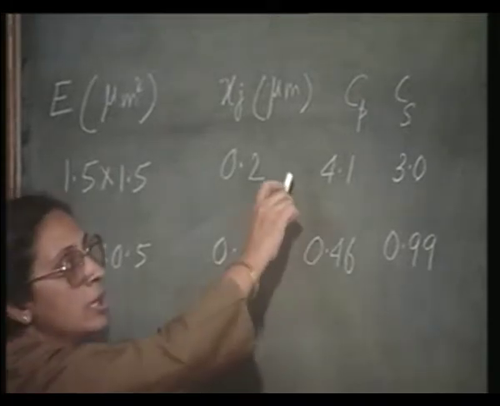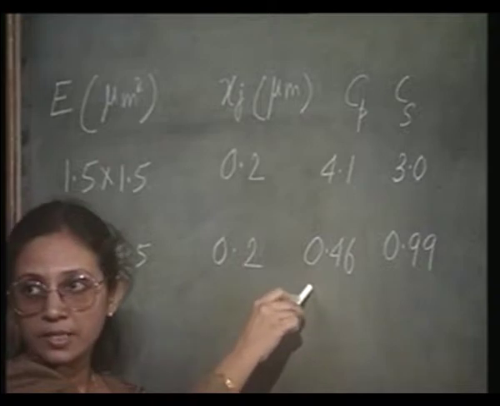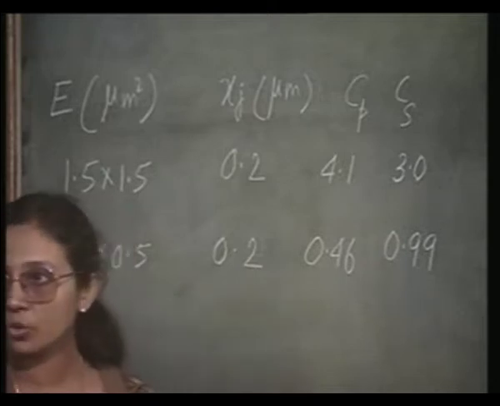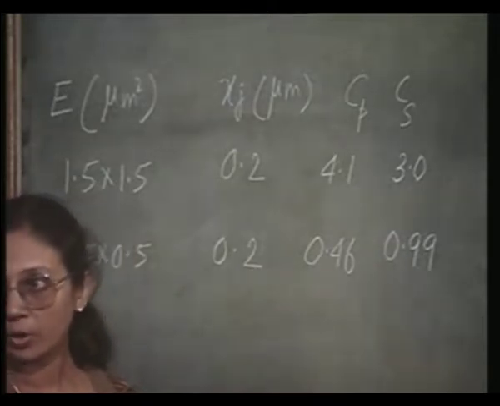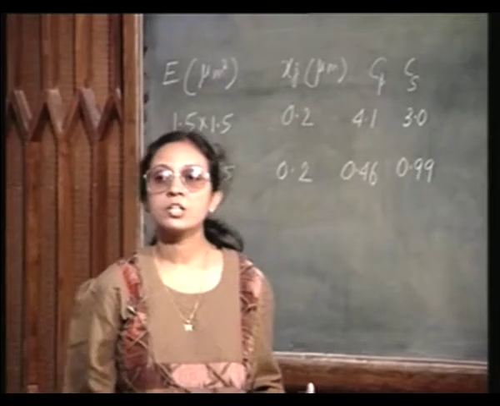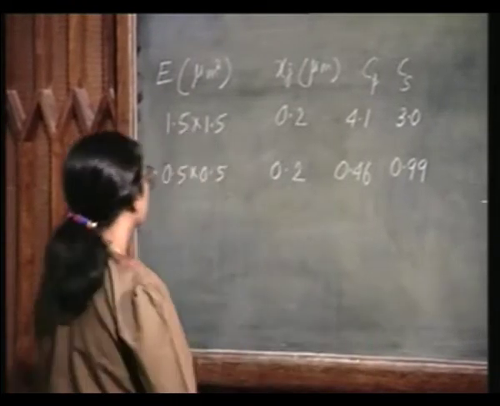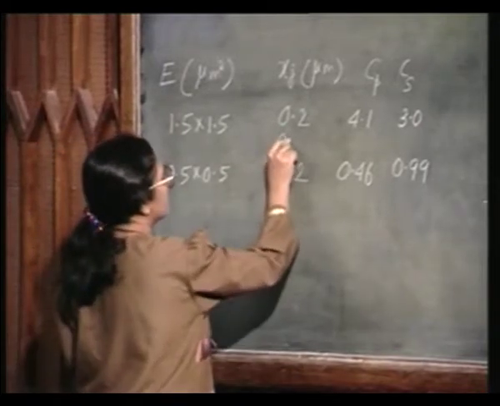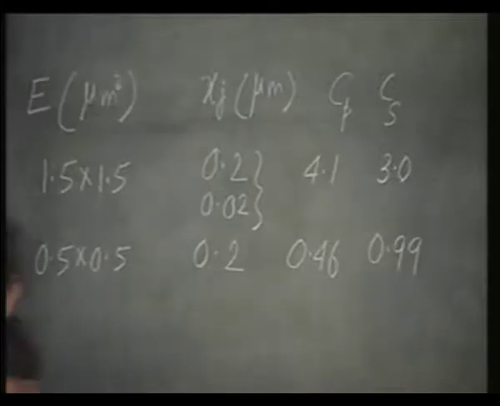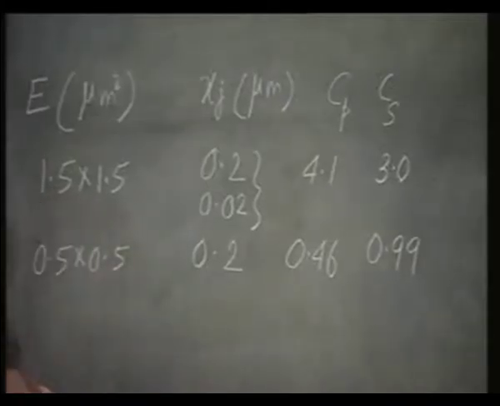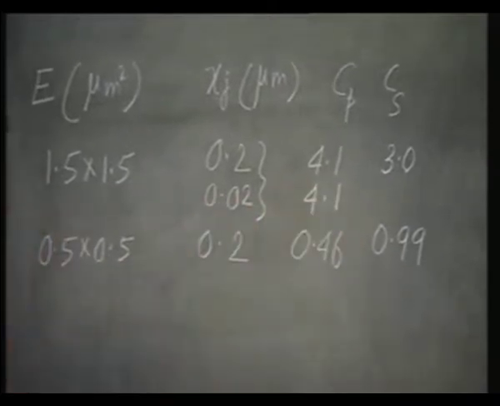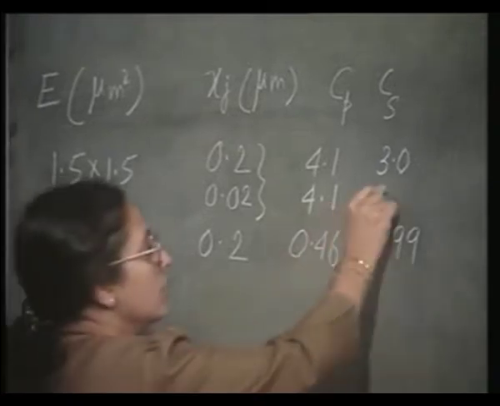So, you see, as you reduce the emitter size for the same junction depth, the sidewall capacitance starts to dominate when the emitter size is smaller. Okay. If we go for shallower junctions, like if we make it 0.02, nothing happens to the planar value of the capacitance, but this reduces.